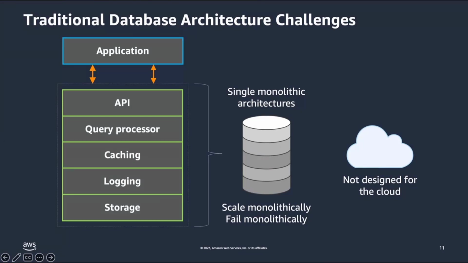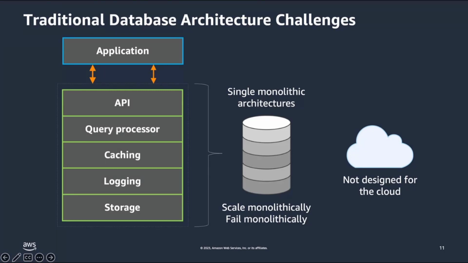All right, so on the left side of this diagram, you see client application at the top connecting to this database server. Now, this database server has a monolithic architecture because all these different layers are on the same physical server. Starting at the top, you've got the API layer that handles the requests from that client application. Then the query processor, which is going to convert those API calls into queries that the database can understand and executes them.